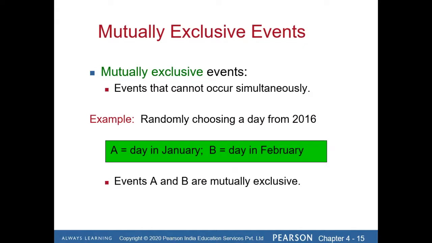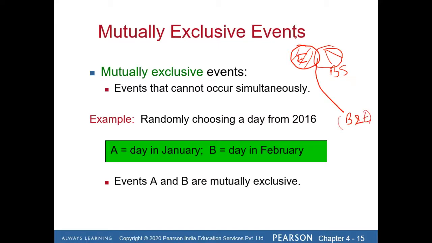Then mutually exclusive event, I am trying to explain to you. Suppose I am telling you that a student has opted for the economics course and the business statistics course. Some students have only opted for the economics course, some students have only opted for the business statistics course, and there are a few students who opted for business statistics and economics together.